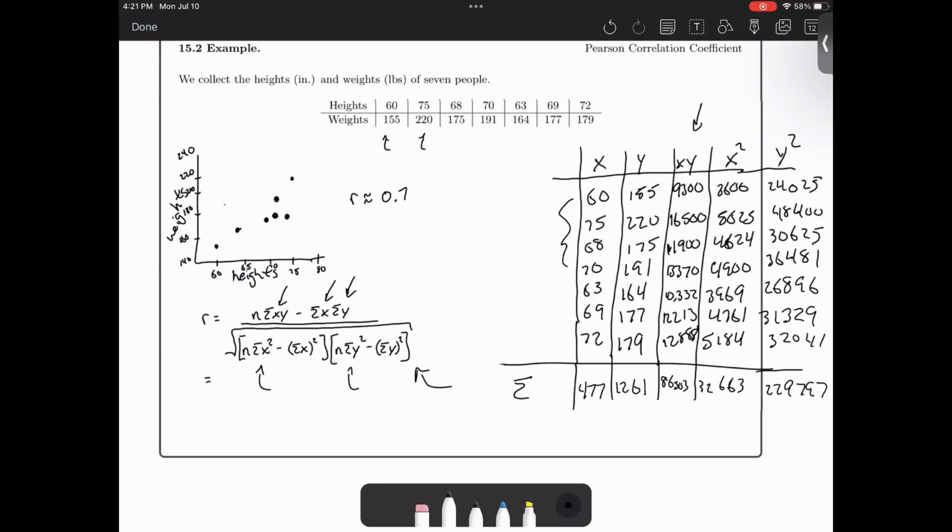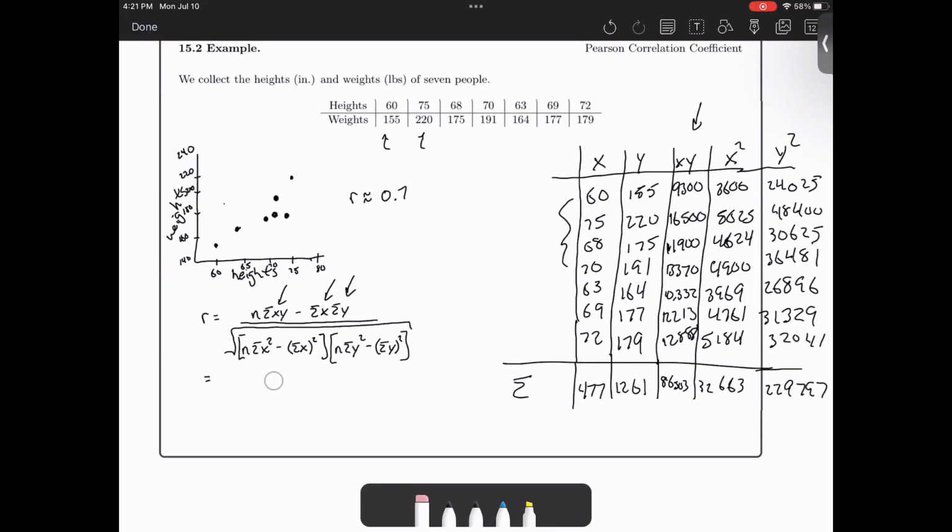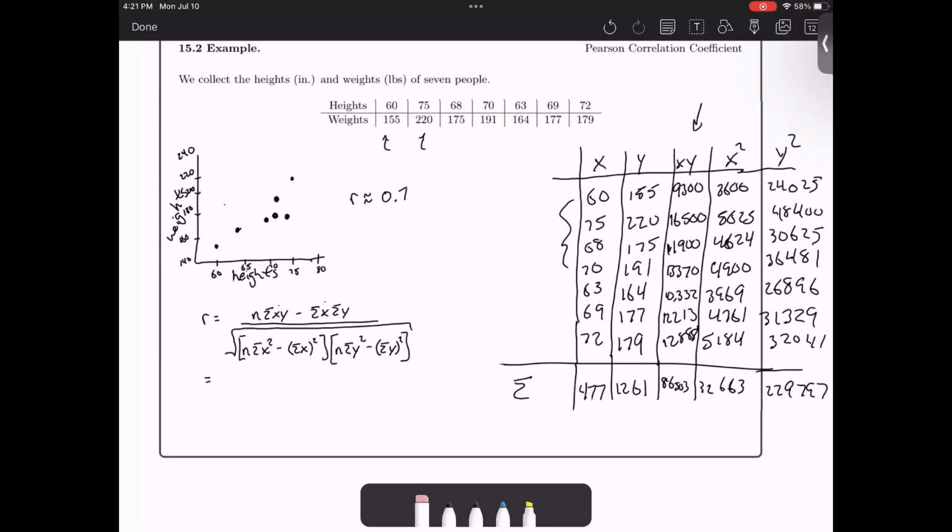Okay, so now the hard part is over. We have all of the sums that we need, so we can build this equation for R. All right, the number of data pairs, 1, 2, 3, 4, 5, 6, 7. We took data from 7 people. And I multiply that by the sums of the x times the y's. So that's why we went through all that trouble making that table.